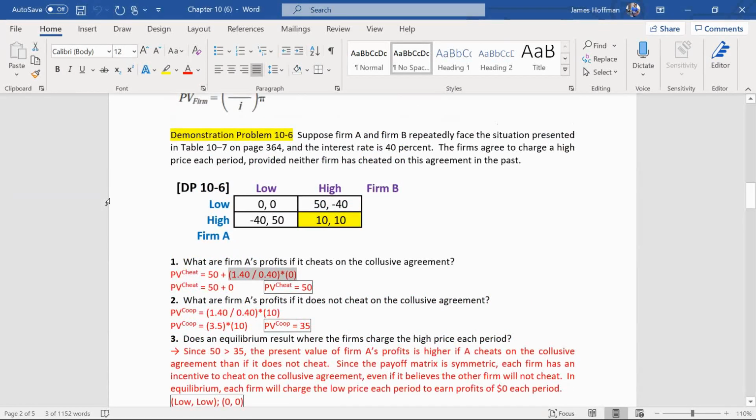Okay, so in summary, the formula I put here is technically mathematically incorrect, but it's right for the zeros. So if you really want to do this correctly, you'd have a 0 times 1 over 1 minus the discount factor.